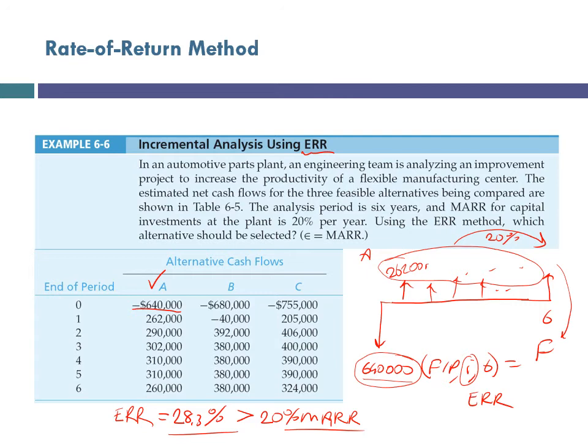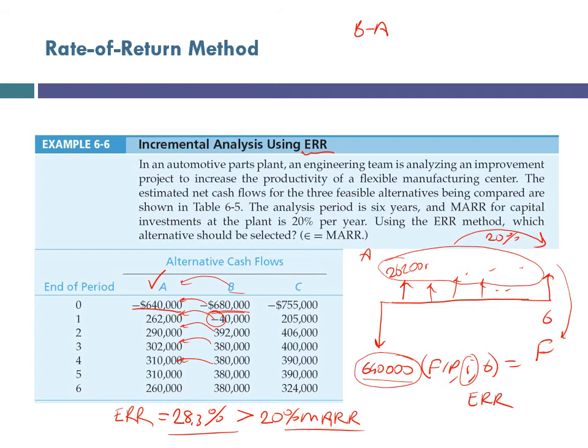What do we do? The next alternative, which has the next capital investment spending, we select that one and we look at the difference. So we look at the difference B minus A: the difference between their capital investments and the difference between their expenses at each year. By the way, this minus 40, since these are revenues, this minus 40 is an expense.